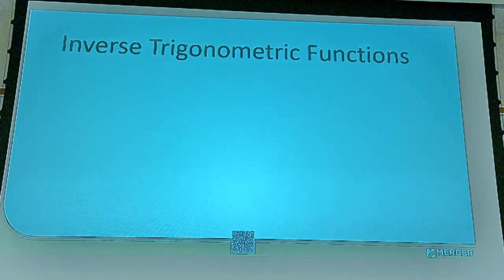Some rational functions will have an inverse, but it has to be a specific type of function. One-to-one? One-to-one functions are the only ones that have inverses. Other trig functions, one-to-one? No, by definition of periodic, they can't be one-to-one. So technically speaking, they do not have inverses.